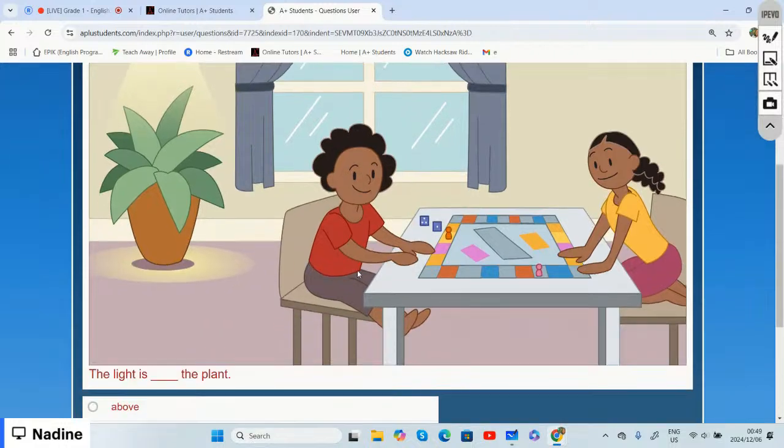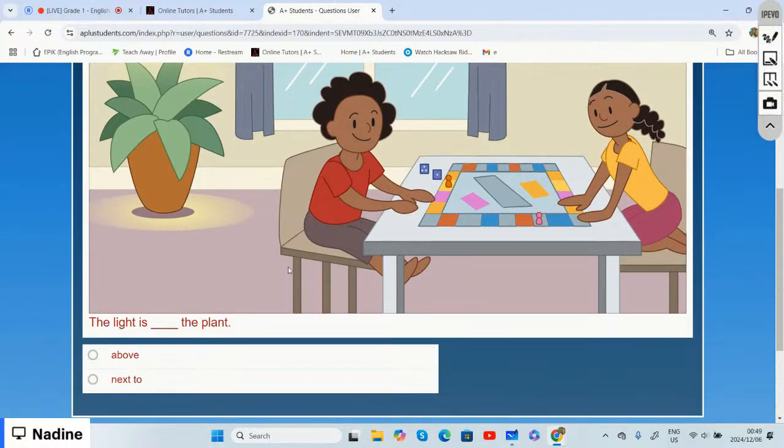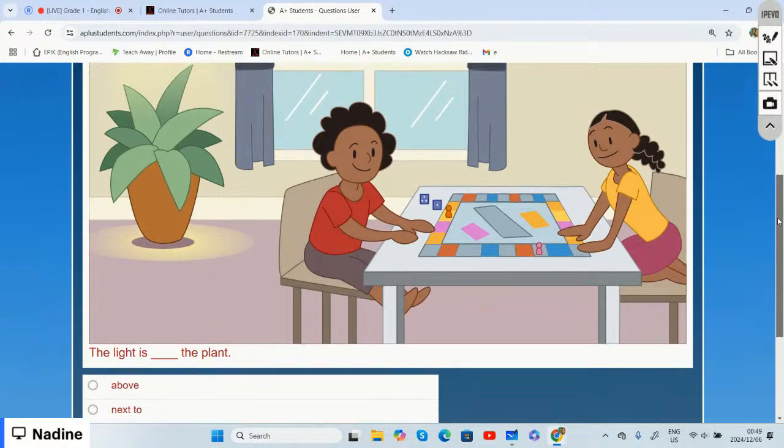And if we look at this game that they are doing, then we can say the light is, do we say the light is above the plants? Or do we say that the light is next to the plants?